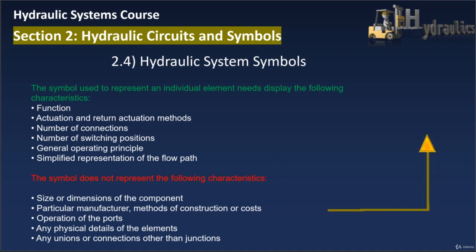Operations of the ports, any physical details of the elements, and any unions or connections other than the junctions, where the lines will be connecting and whether they will be crossing or connecting. These are the basic understanding of the symbols: what is the purpose, what the symbol should show, and what will not be shown through hydraulic circuit symbols.